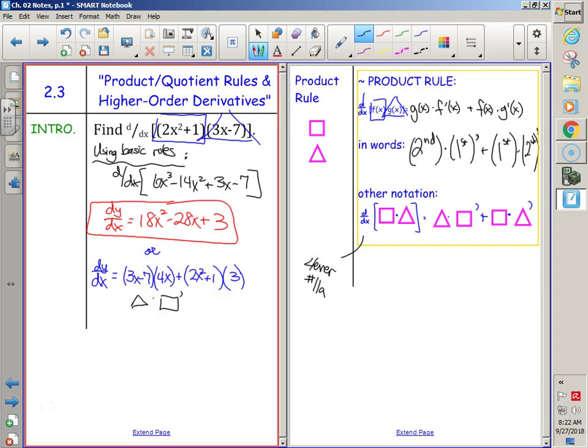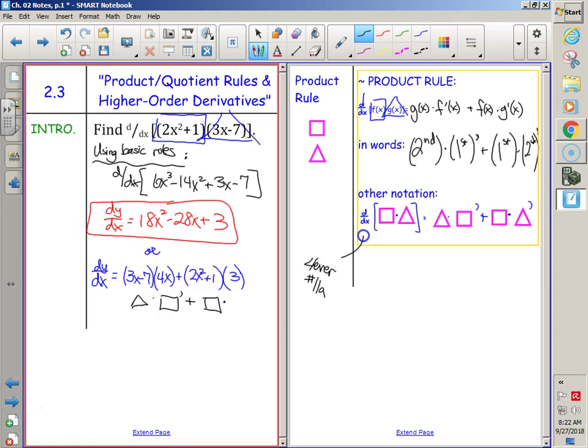Box prime, I took the derivative. Oh, who's the derivative of 2x squared plus 1? 4x plus 0. Oh. Why do I want you guys to get really good at the basic rules? Because the basic rules are going to be incorporated in all the other rules you see in some way, shape, or form. So I have second, rewrite, D first, got him, plus first, rewrite, right?